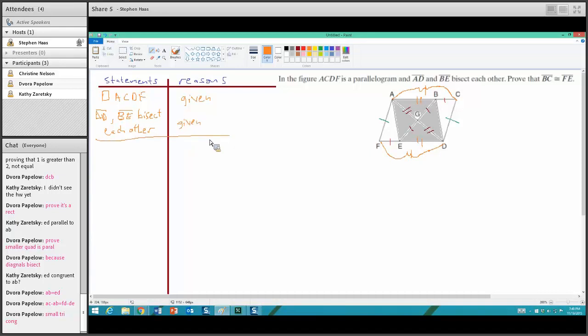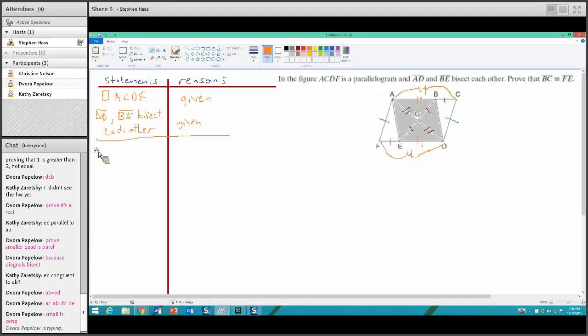And now we can get those two things that are equal to each other. Honestly, we don't even need to write that AG is equal to AD or that EG is equal to EB. Just by virtue of the fact that the diagonals bisect each other makes it a parallelogram.